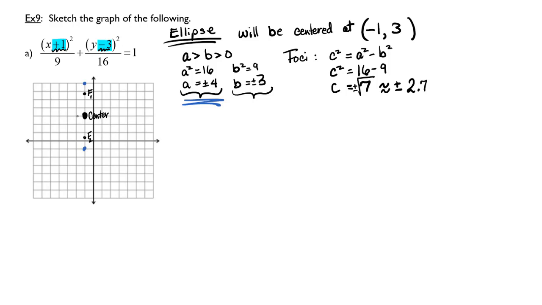Now I just have to figure out how far to the left and right I need to count. That's found by using the b portion. So from negative 1 adding 3, I'll be at 2. And from negative 1 subtracting 3 will be negative 4. And now I just connect my dots. So something close to that.